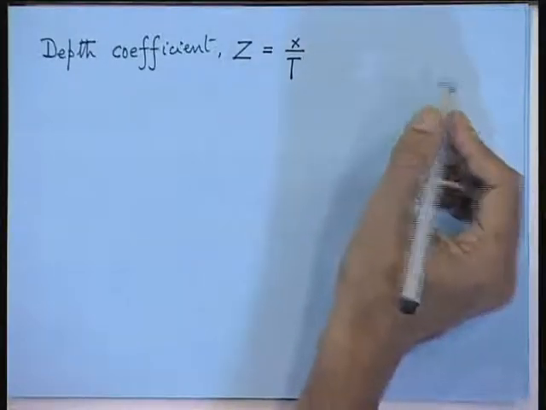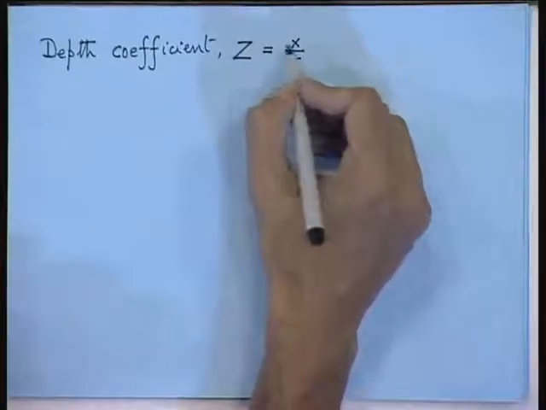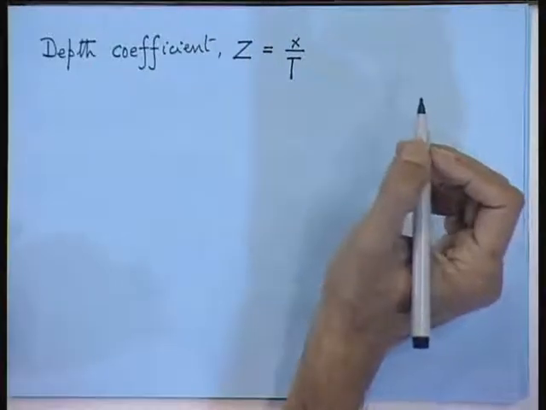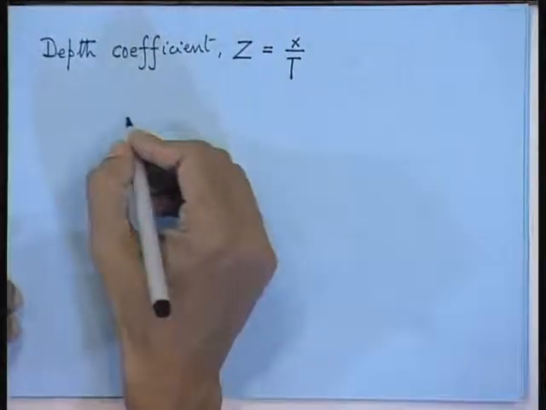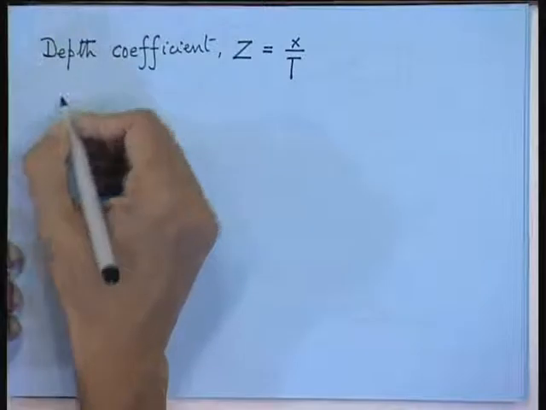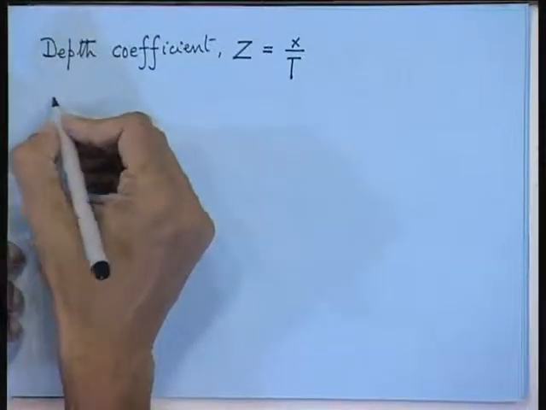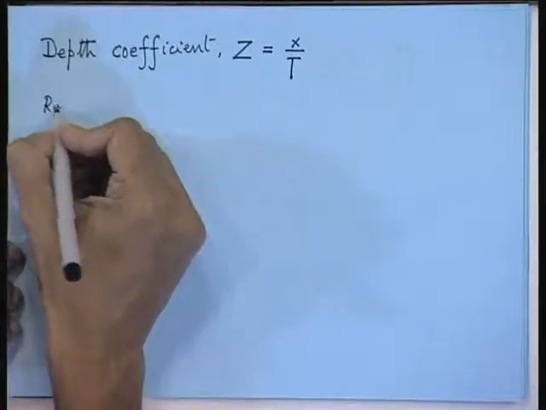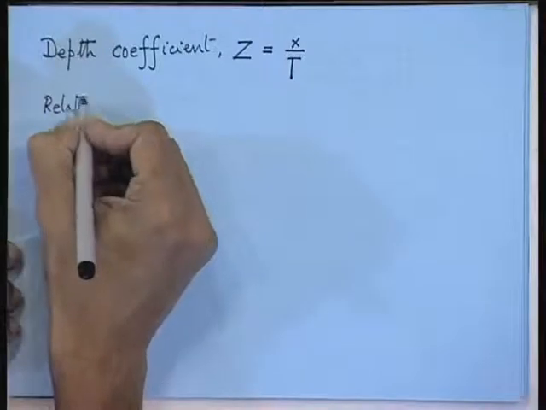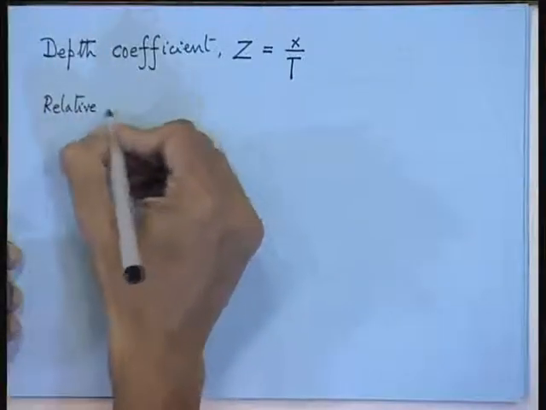So, we are doing non-dimensional, so that means you non-dimensionalize depth. Then what is T? T is called the relative stiffness factor.